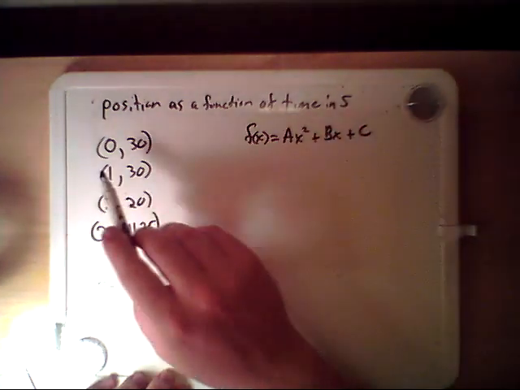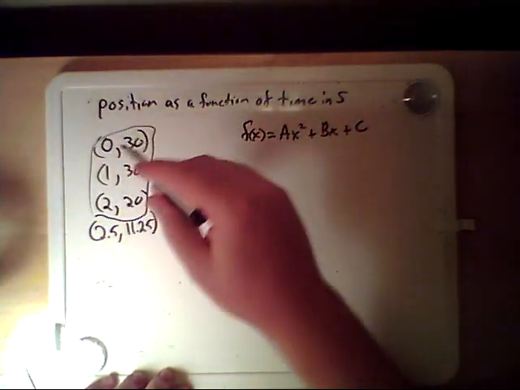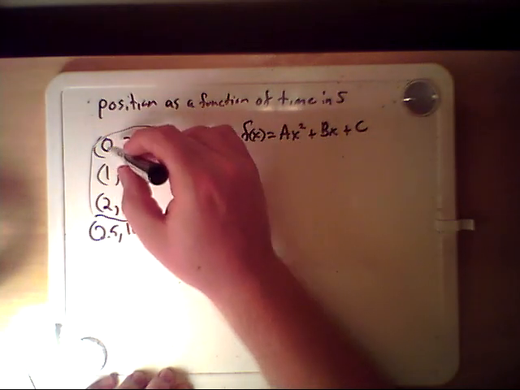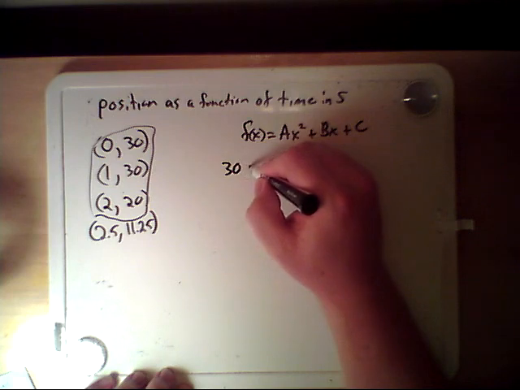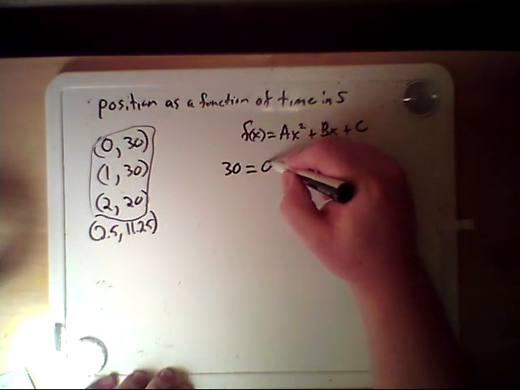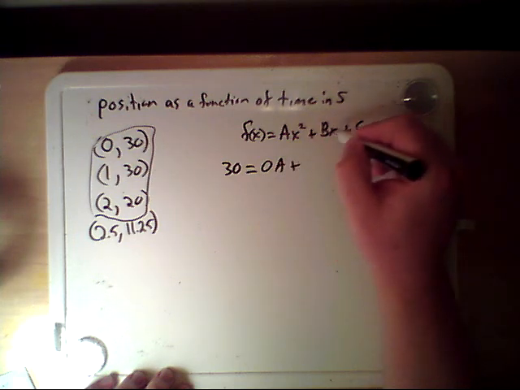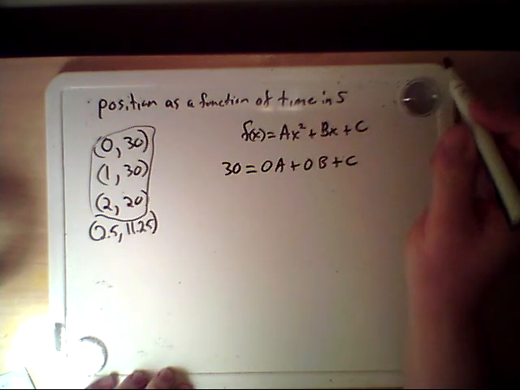So now we just start plugging in points. We'll use these first 3 here. The input is 0, the output is 30. So 30 was the result of 0 squared, which is 0, times a, plus b times 0, plus c.